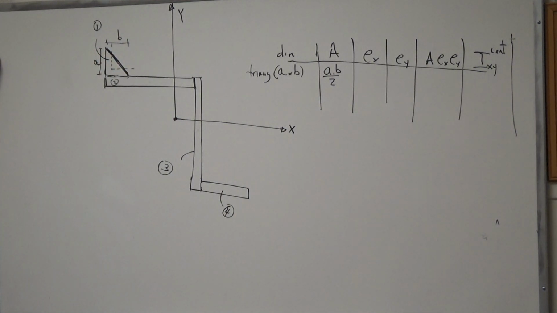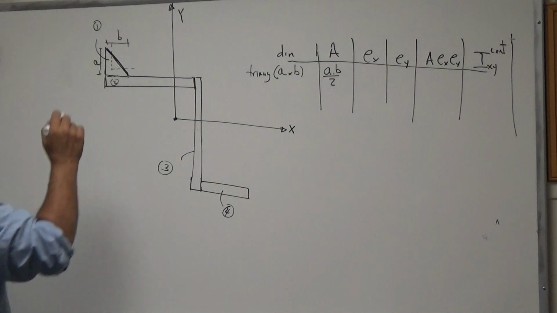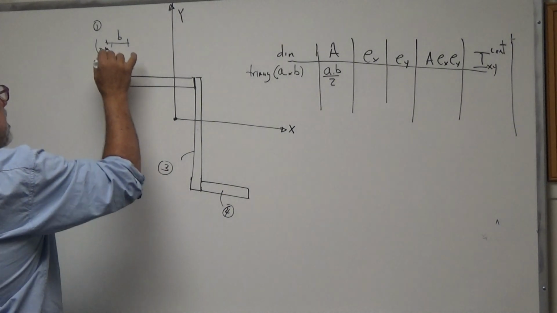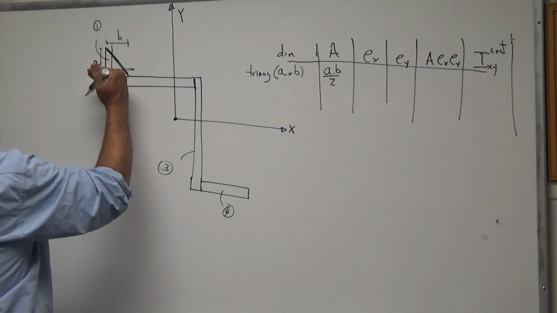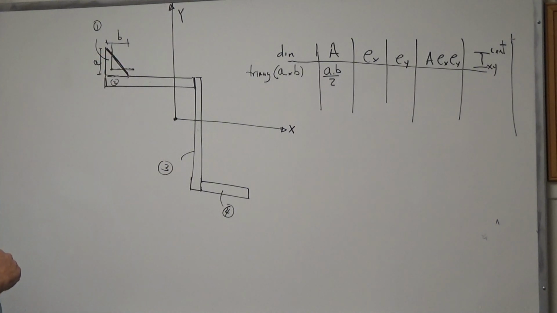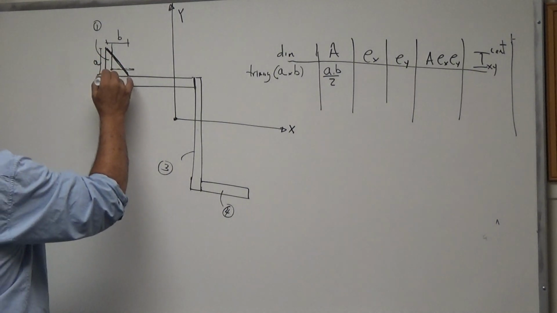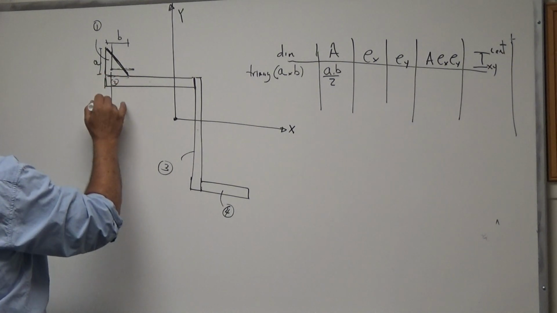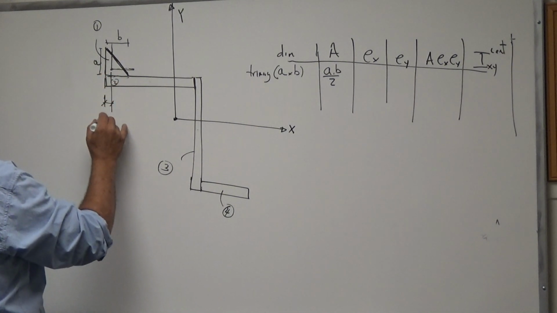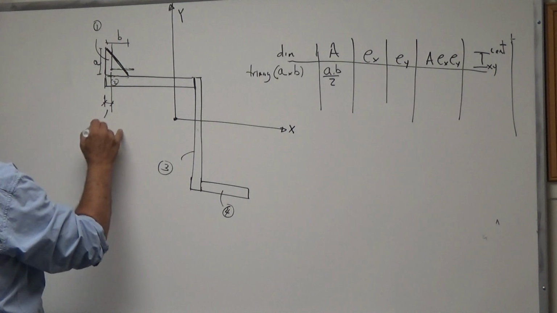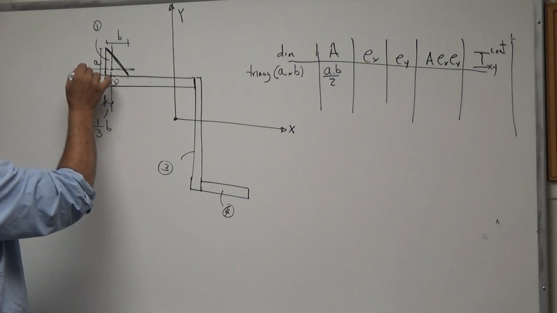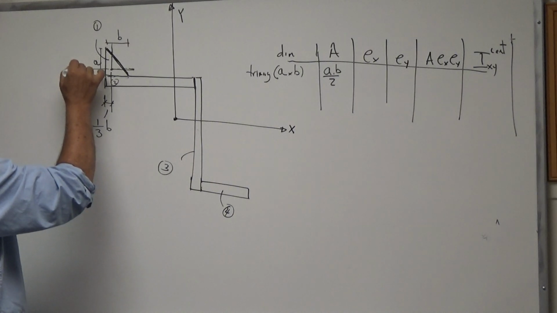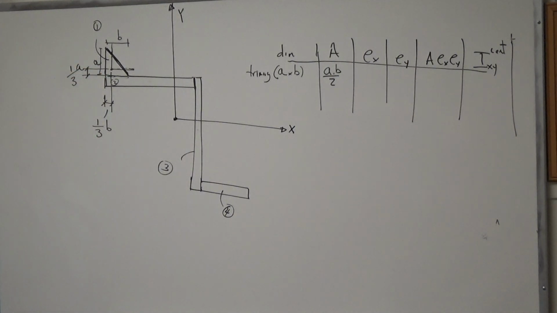That's the area. Now, the centroid of that triangle, we know where it is, right? It is at 1/3 of B from this side and 1/3 of A from that side, right? So, for example, from here to here is going to be 1/3 of B, and from here to here is going to be 1/3 of A.